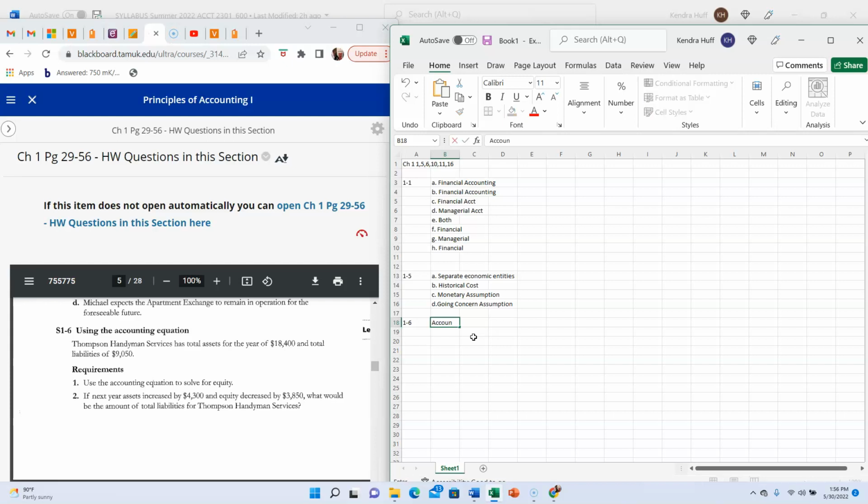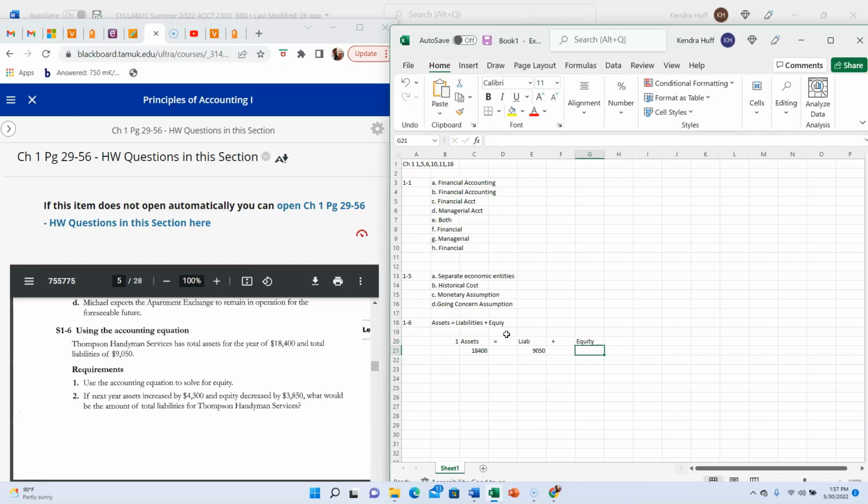The accounting equation is assets equal liabilities plus equity. So for part 1, we have assets of $18,400, and those equal our liabilities of $9,050 plus our equity, which we don't know.